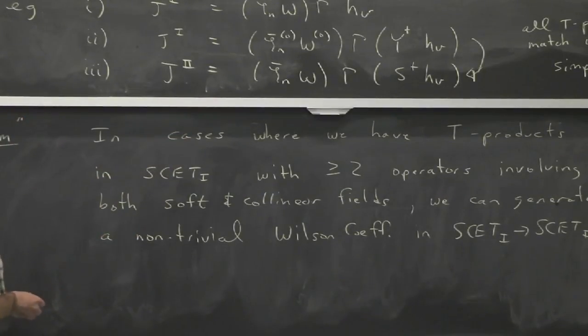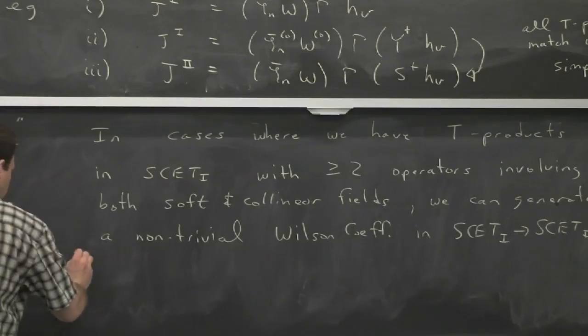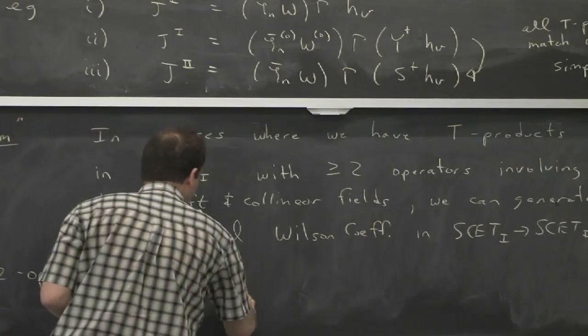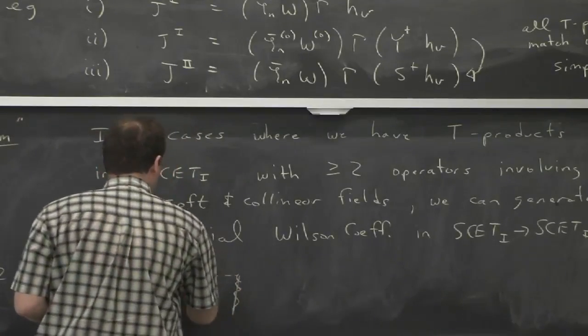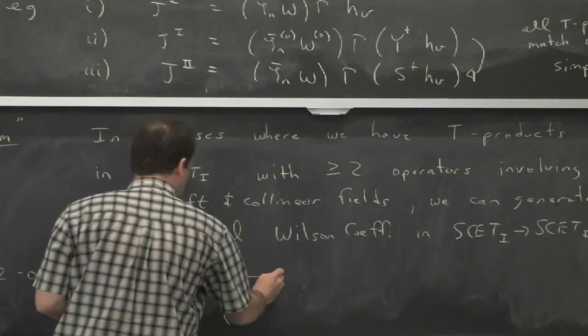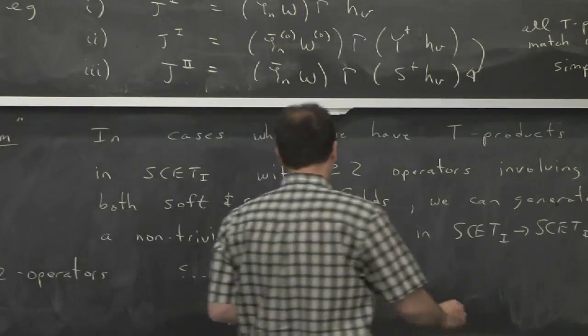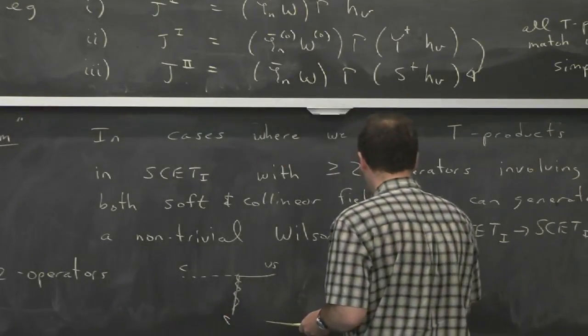So let's imagine that scenario. We had 2 operators. So let's think of having, in the SCET1, 2 interactions that are like this. Then we could string them together as follows.